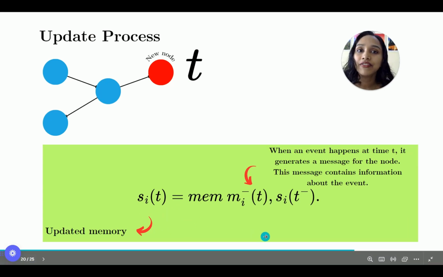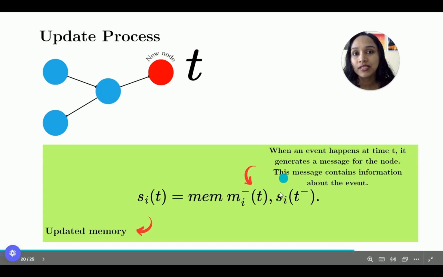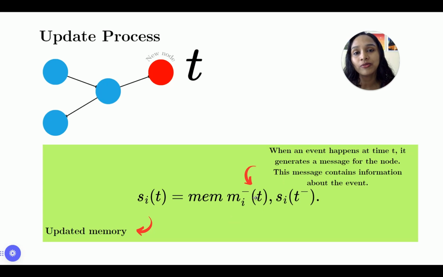So, whenever there is a new event happening, it will update the node's memory based on the event at the current time and the events at the previous times. By using this, we can analyze the behavior of this particular node. For example, if it is an e-commerce platform, we can use this to predict the user's behavior in the e-commerce platform.